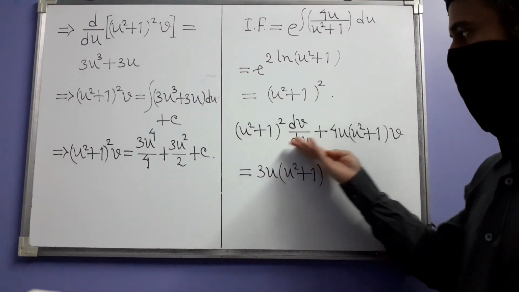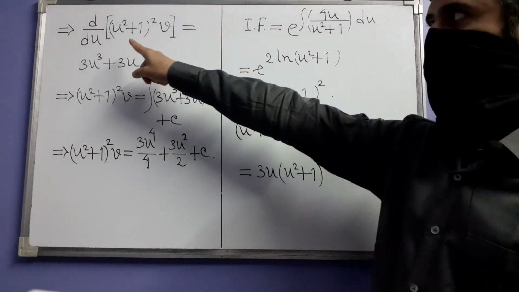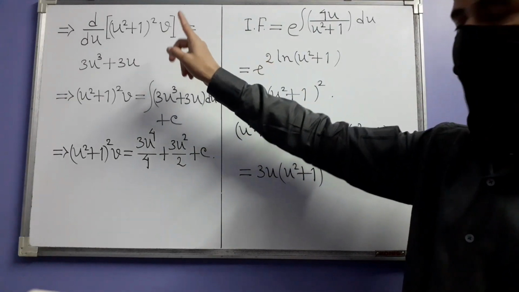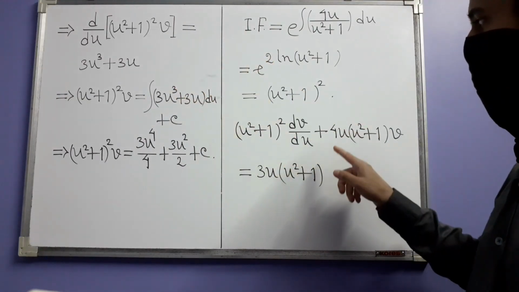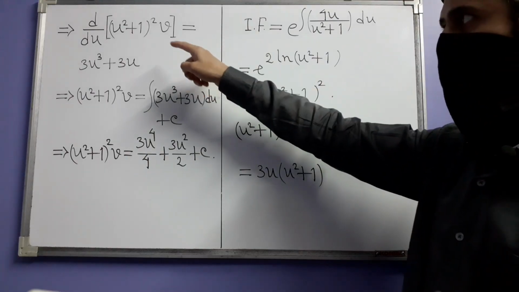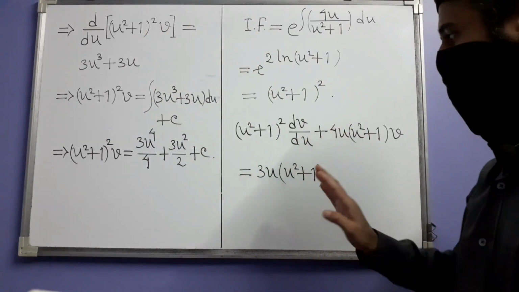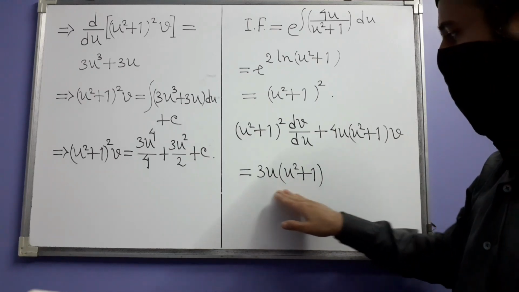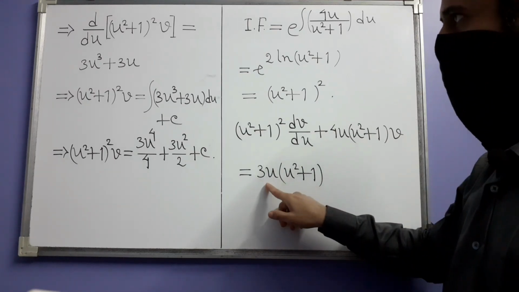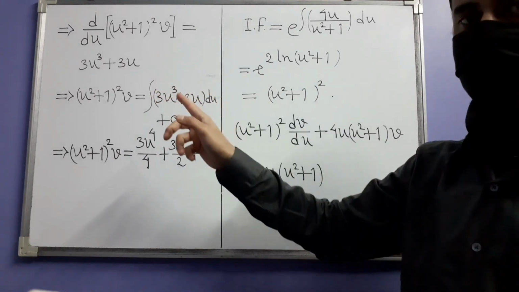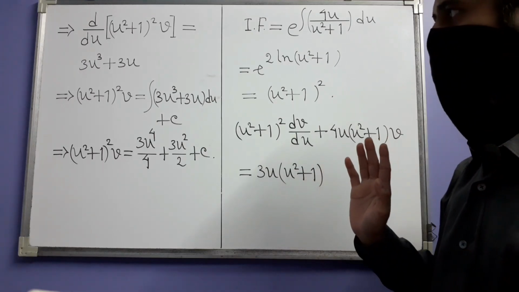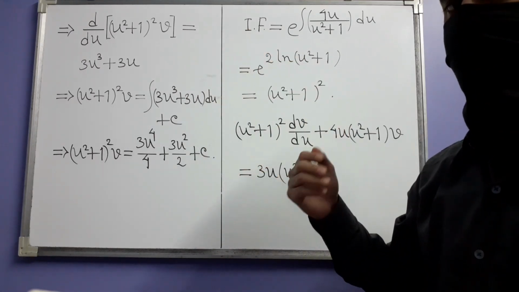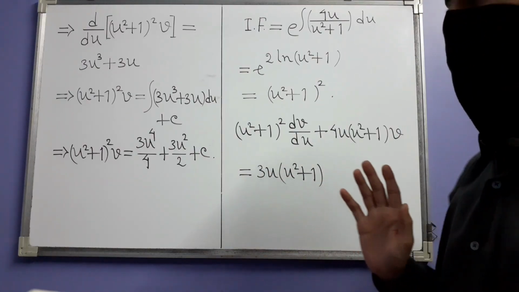And then this left hand side of course becomes the derivative of the integrating factor u square plus 1 whole square times your unknown function v with respect to u. And to facilitate integration, on the right hand side we do the multiplication, so that way we get 3u cube plus 3u, and then we integrate both sides, this time with respect to u, because that is the independent variable.